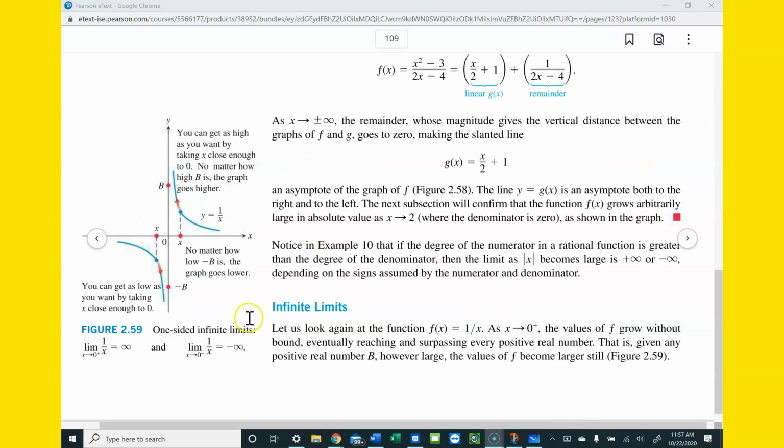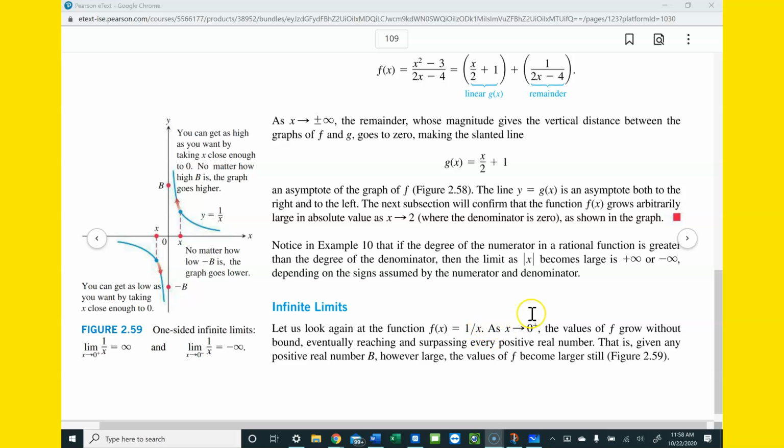All right, next subtopic is infinite limits. Let's look again at this function f of x equals 1 over x. As x approaches 0 from the right, so if x is a really, really small positive number, like imagine x being 1/1,000,000th, then it's 1 over a millionth.